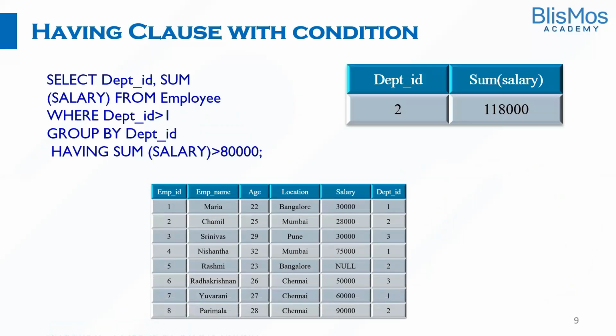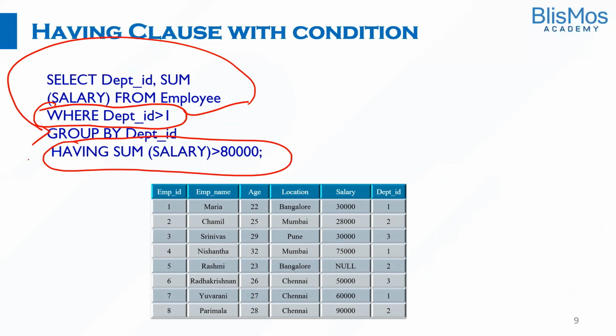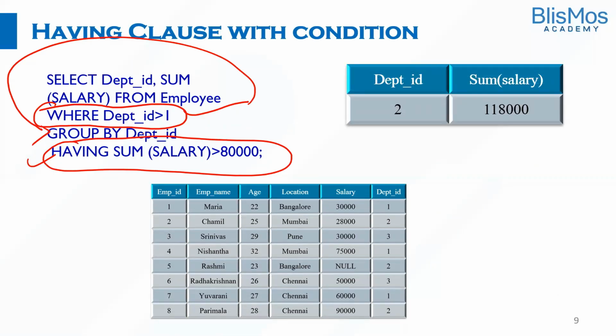We can also use the HAVING clause with a WHERE condition. How do you mention the condition? We mention the condition with the WHERE clause. So now what happens here is first WHERE clause will be executed. Those results will be funneled to GROUP BY, and within that we have a condition by HAVING clause. Now the result should be different because before the GROUP BY happens, we have only funneled the records which are having a department ID greater than 1. That means this record, this record, this record are not even considered to be part of the GROUP BY.